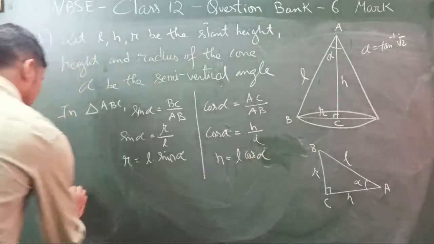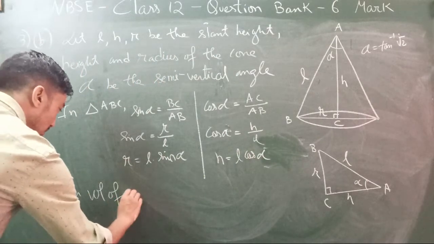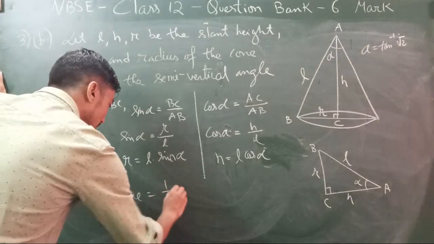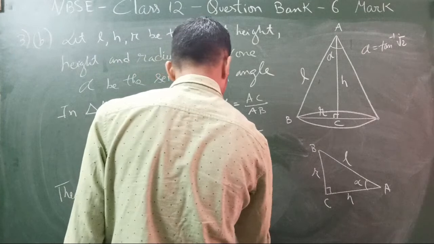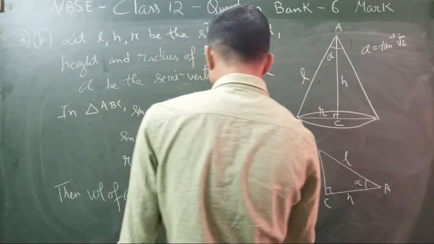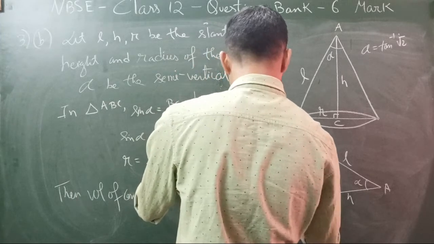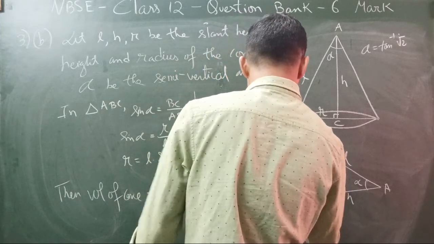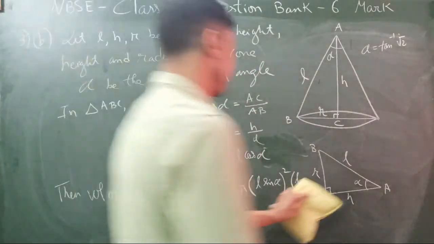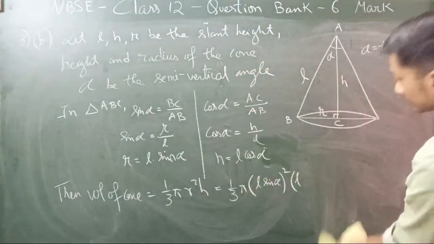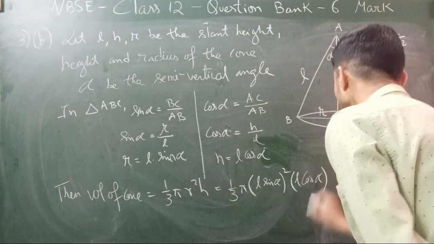When I do that, the volume of cone 1 by 3 pi r square h becomes 1 by 3 pi L square sine square alpha into L cos alpha.